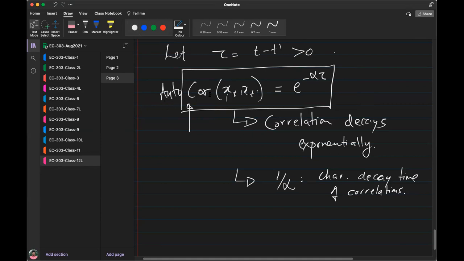You calculate it at different lags and fit an exponential, and that fit will give you a value of alpha. So even if you only knew how the stochastic variable is changing over time, without knowing the equation, I can estimate the value of alpha in the equation.